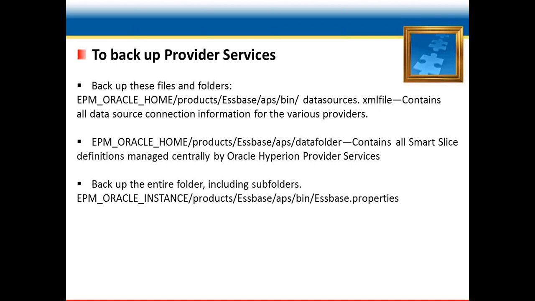And last one, back up the entire folder, including the subfolders, under the location Oracle instance, products, Essbase, APS, and under the bin directory there is an Essbase.properties file. So this is about backing up the provider services.